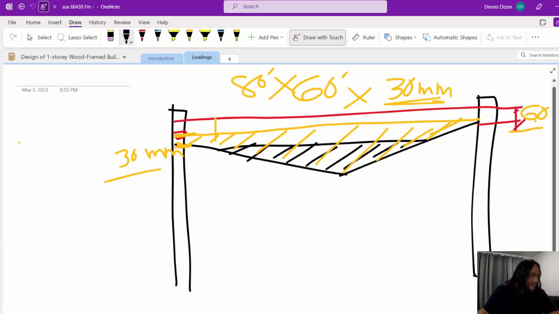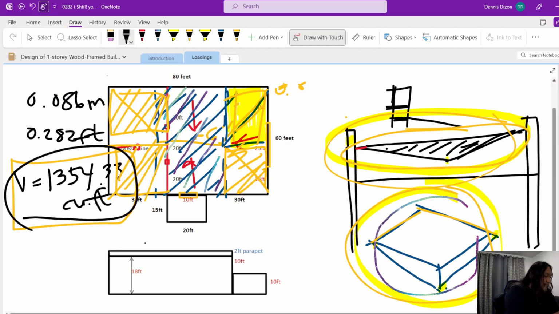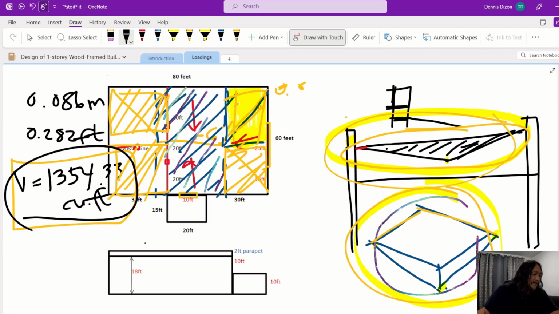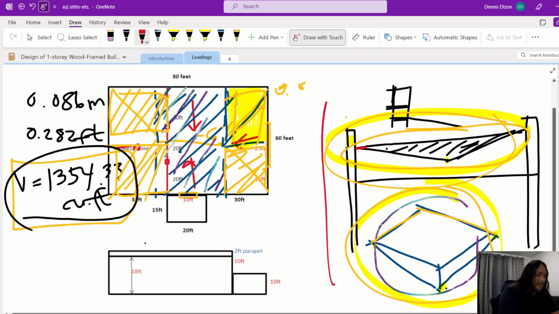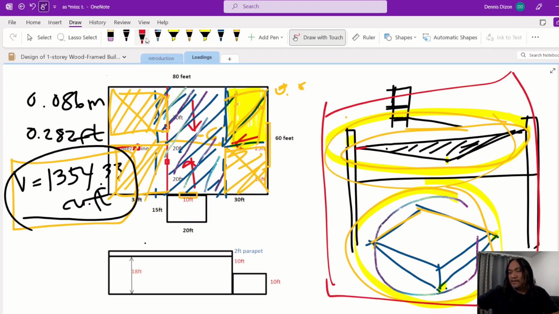So the total volume accumulated on the roof is 1,354.33 cubic feet. We already started this one, how to calculate the volume, but we will review on that one here.